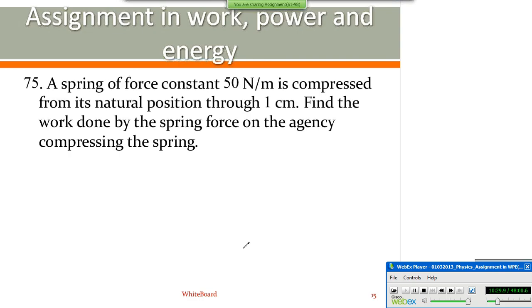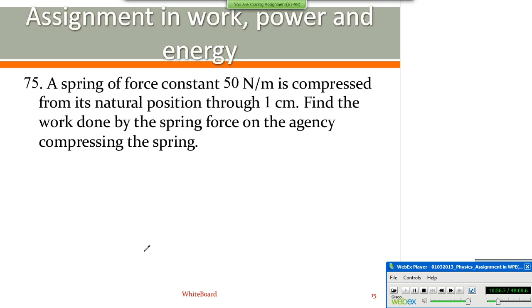Look at question number 75. A spring of force constant 15 Newton per meter is compressed from its natural position through 1 centimeter.